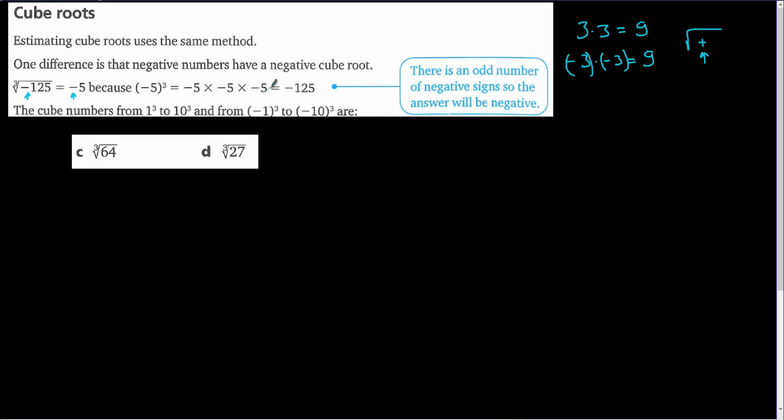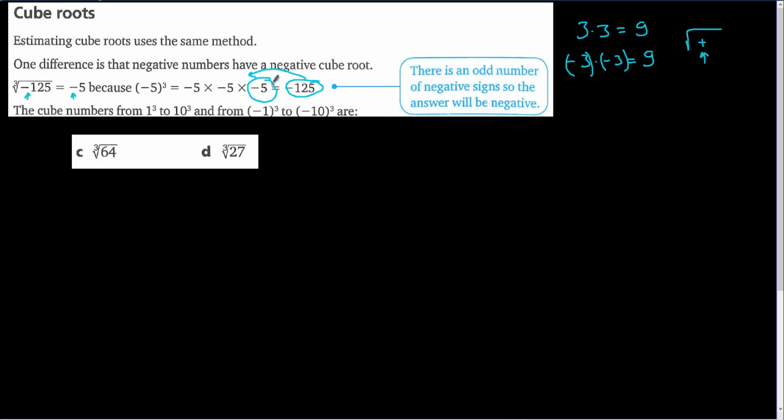Here, like in the square, when you multiply a number by itself 3 times, you get the cube of the expression. Minus 5 times minus 5 times minus 5, this is the cube. If you do this operation inversely, this becomes the cube root.